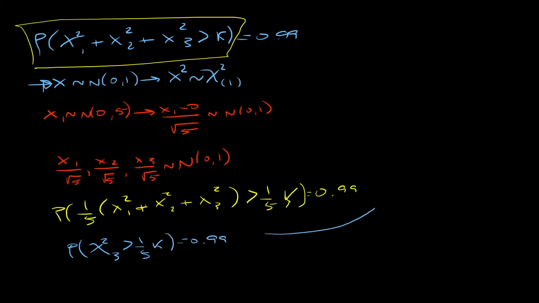And if you check the table, you're going to find that the chi-square for v equals 3 and the probability of 99% is going to be equal to 11.5. So what this means is that you're going to get 1/5 k equals 0.115, and getting k there, k is equal to 0.575.